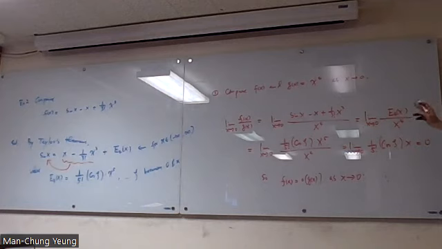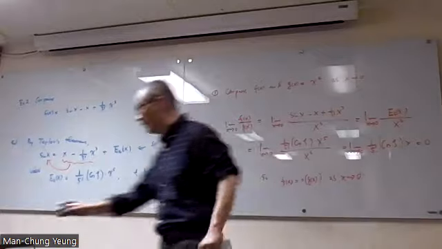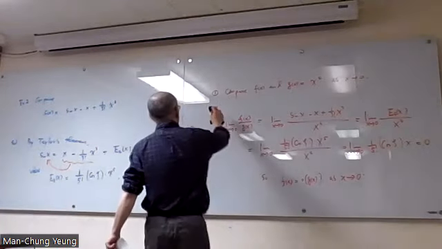This is comparing function f with x to the 4. If I compare function f with x to the 6, okay, yeah, in this example.